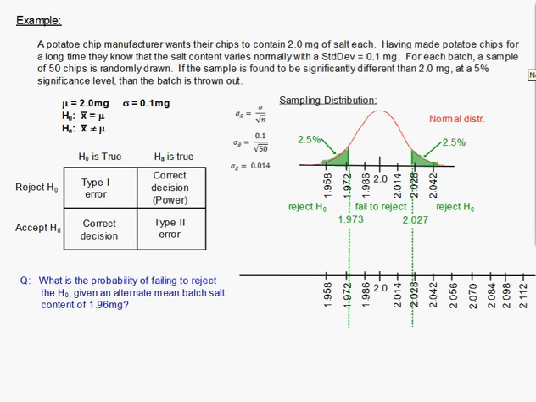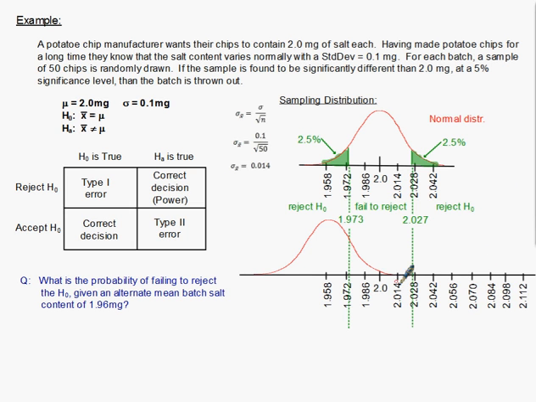The answer is no. It's not a type 2 error. We are failing to reject, which is accepting the null hypothesis, when in fact it's true. This is actually a correct decision. So I had to get rid of that type 2 error statement.